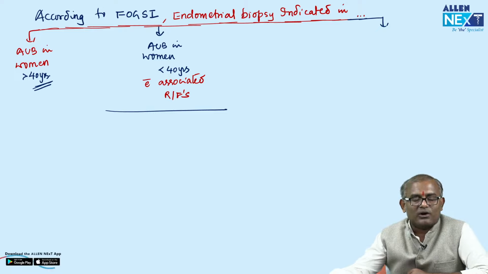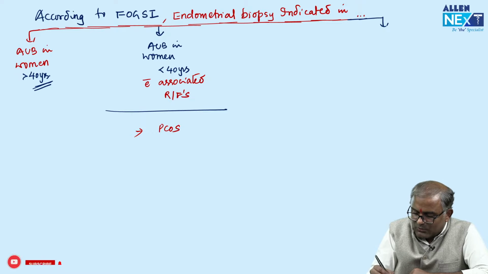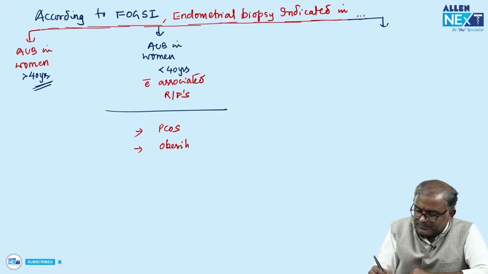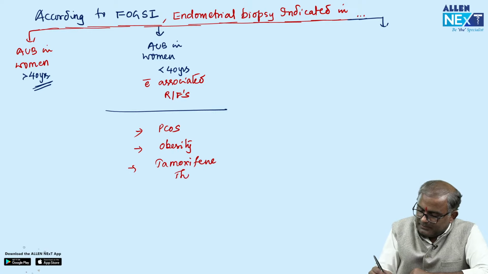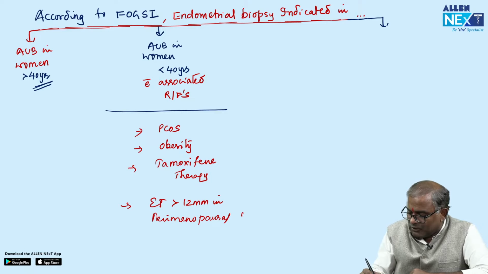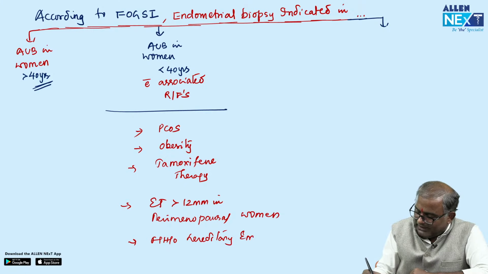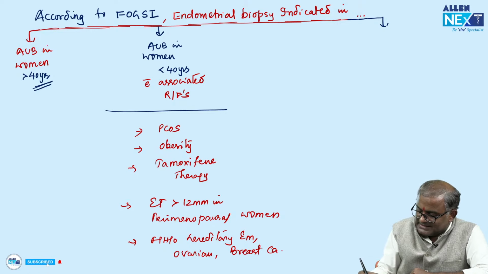AUB in women less than 40 years with associated risk factors. What are the associated risk factors? If she has PCOS or obesity, or if she is on tamoxifen therapy, or endometrial thickness more than 12 mm in perimenopausal women, and if there is a family history of hereditary endometrial, ovarian, breast CA.